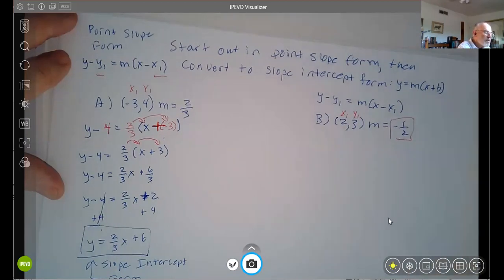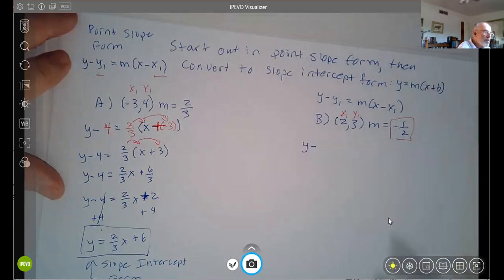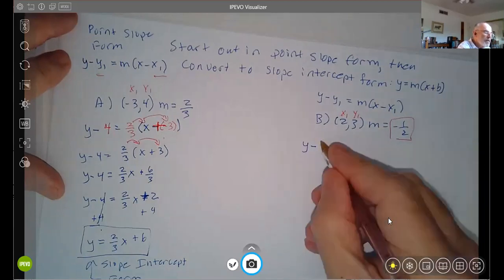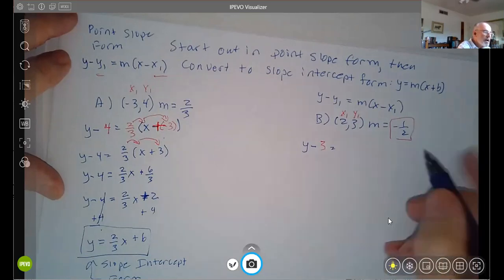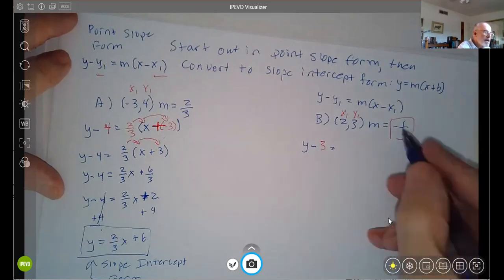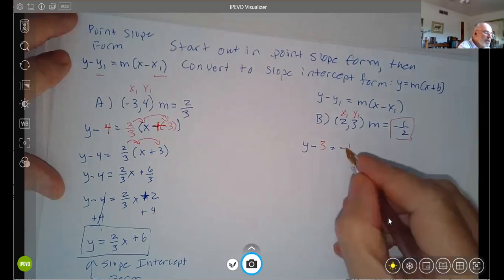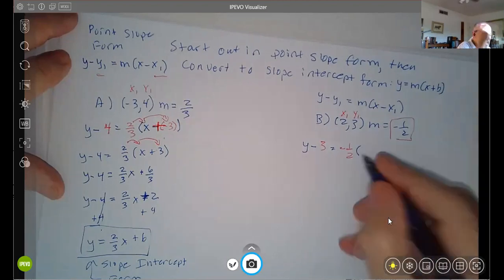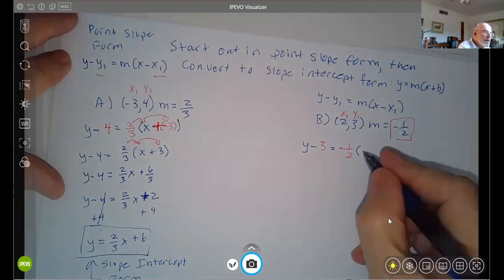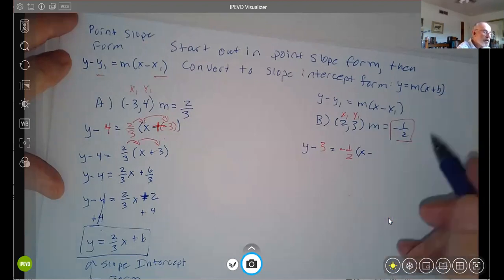So we're going to write y minus, and our y1 is 3, equals, our slope m is negative 1/2, times x minus, and then our x1 is 2.